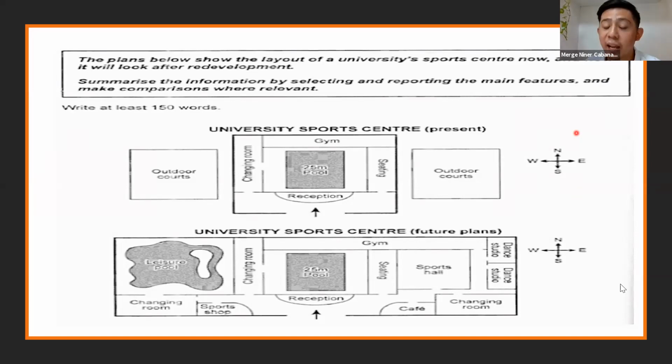Actually, I like what you did with the reconstruction of the infrastructure, but that second sentence would probably be better if you put it together with the first sentence. Something like: the illustration presents the university's redevelopment infrastructure. And then the second sentence would be: it compares the present layout and the future prescribed outline.